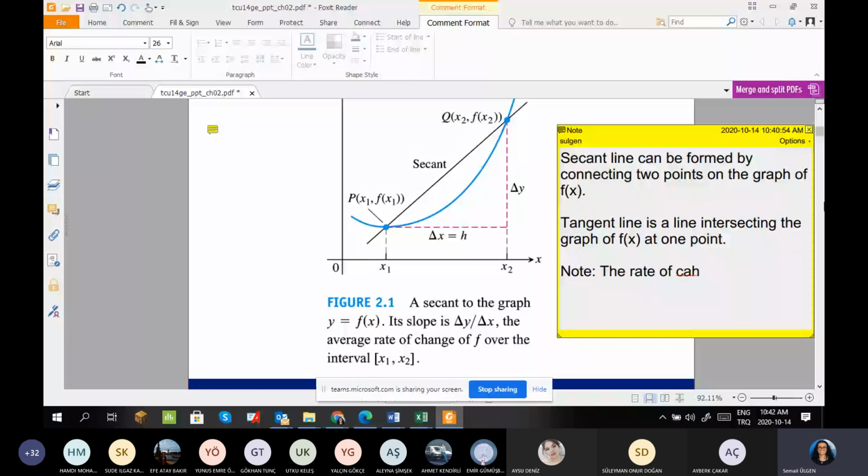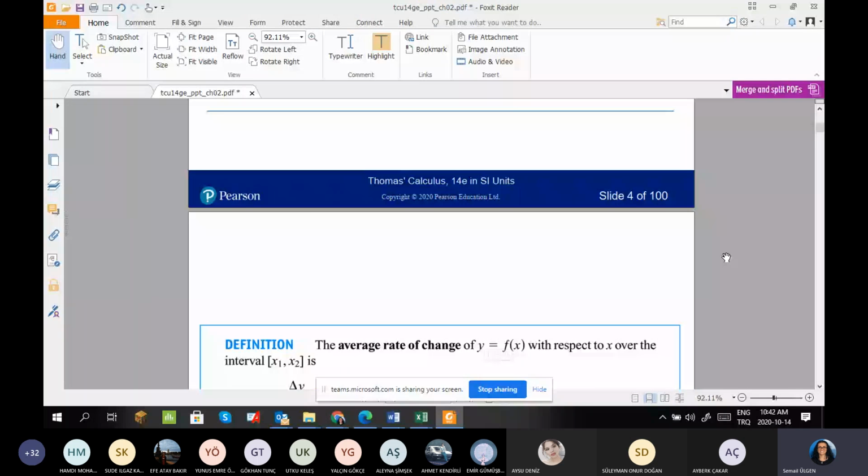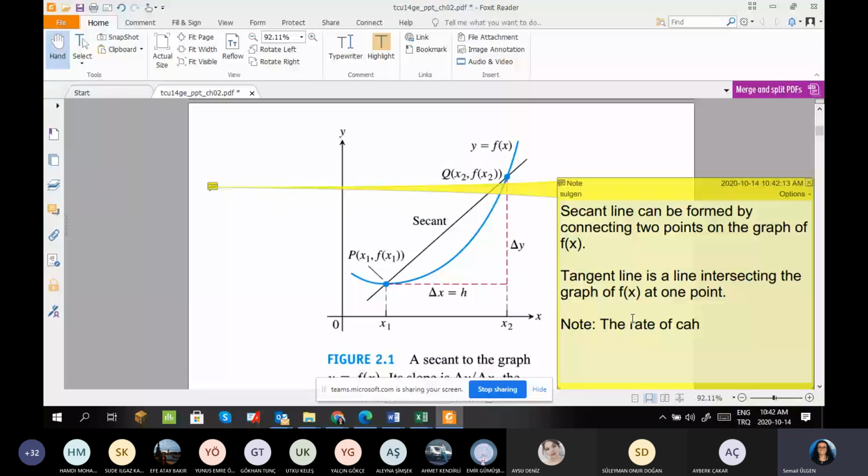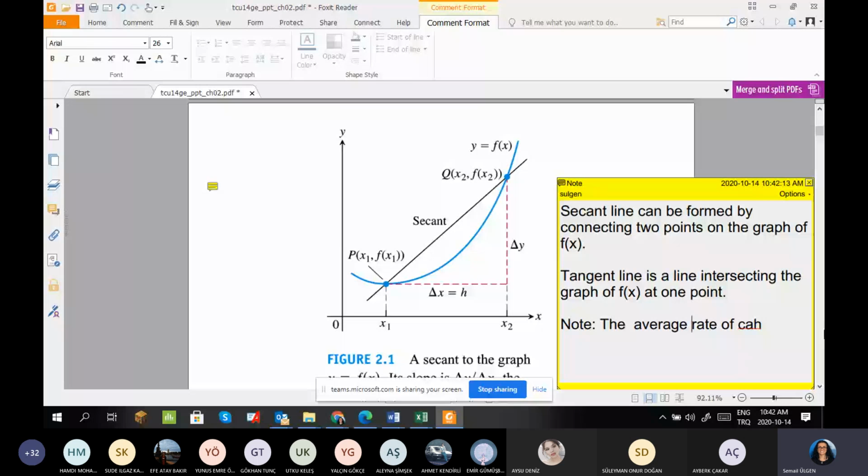The average rate of change of y, f of x, with respect to x over the interval, which is delta y over delta x, is the slope of the secant line.